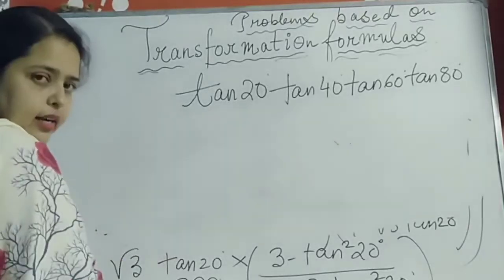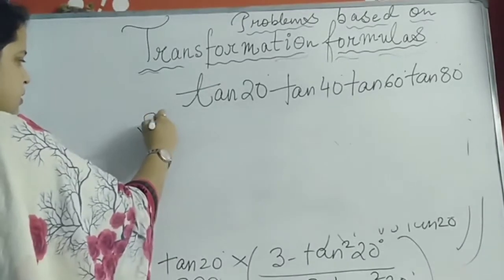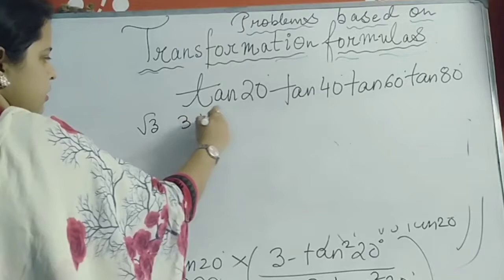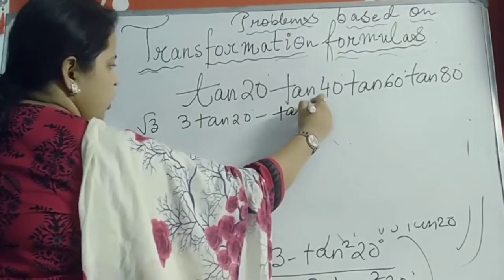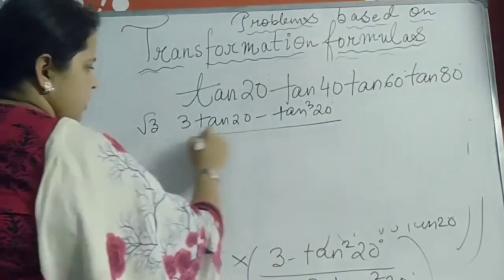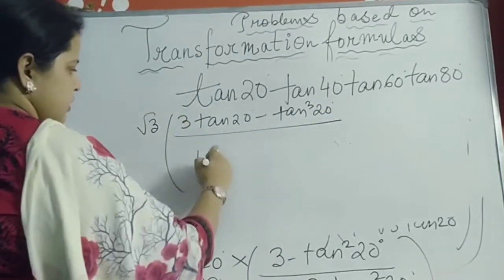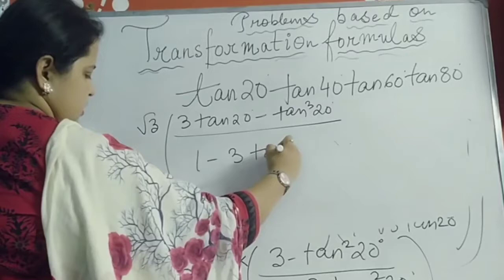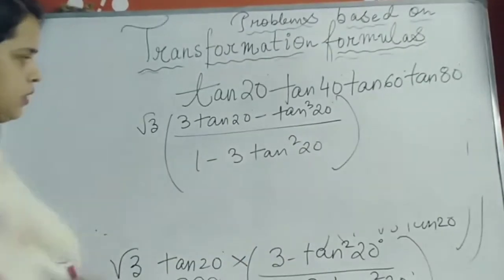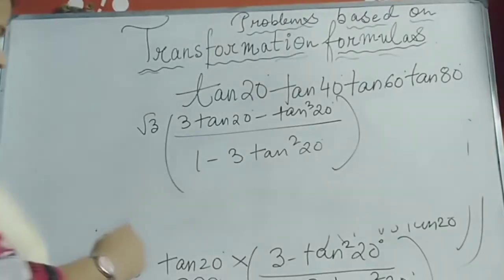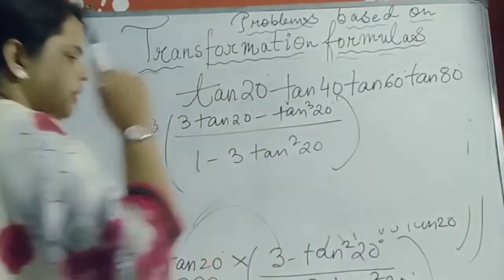See here after this line. That is 3 tan 20 minus tan cube 20 degree multiplied with, and it is the denominator. Here it goes. Tan 20 gets inside and here it goes.